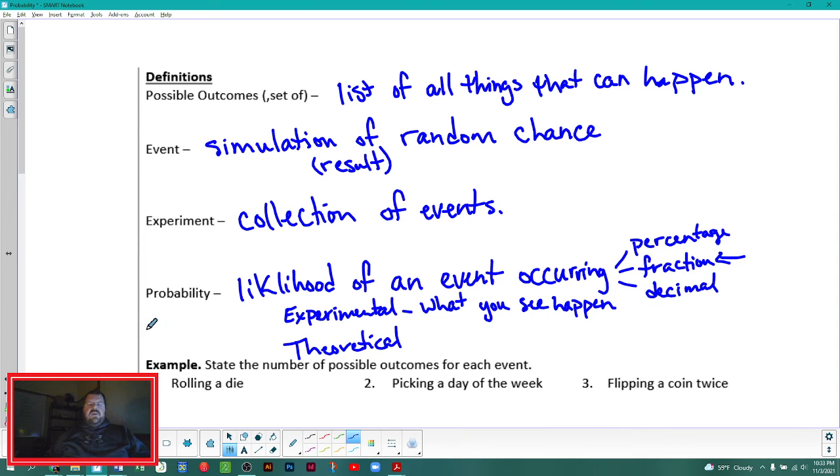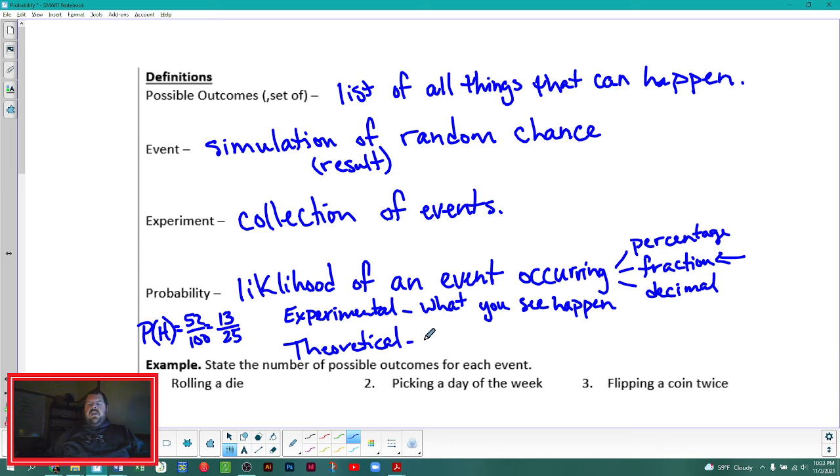The example that I used is the probability of heads ended up being 52 over 100, which sure that reduces to 26 over 50 and 13 over 25. Okay. So that was the experimental probability because that's what I saw happen. And so that can always be different.